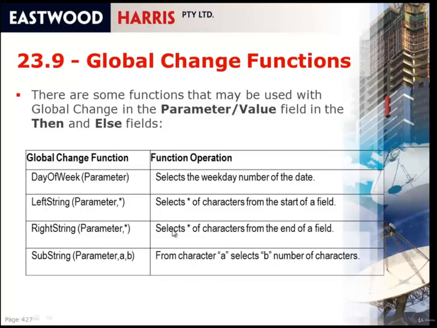Right string allows you to select characters from the end of a text field, and substring allows you to select characters in the middle of a text field. And these can be used for various purposes, like creating a description from an activity code, or for changing activity IDs if you want to add a character in the middle or the end. So we'll have a look at these and how these work in the next section.